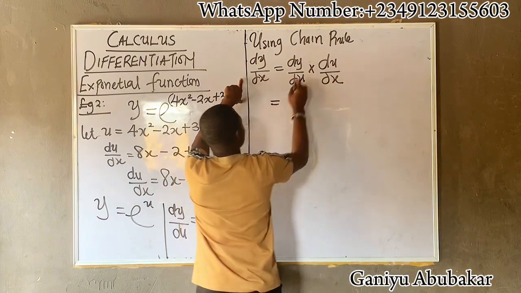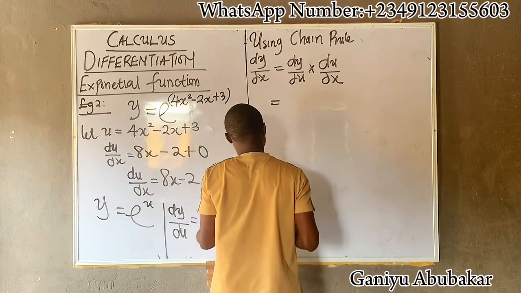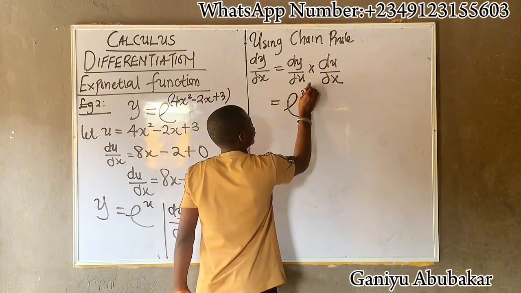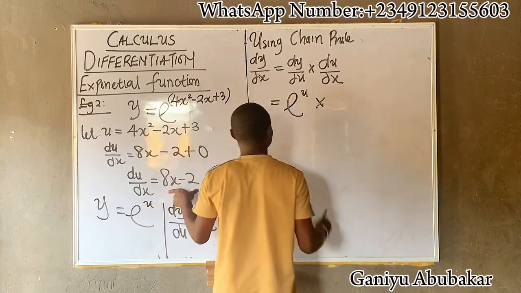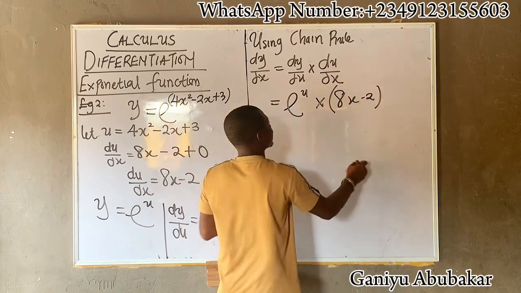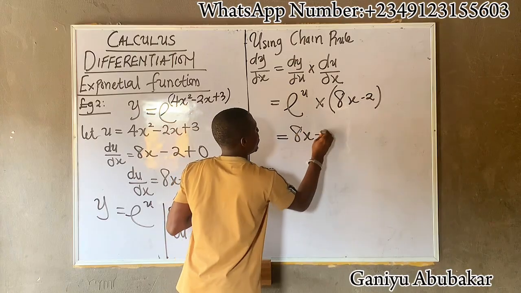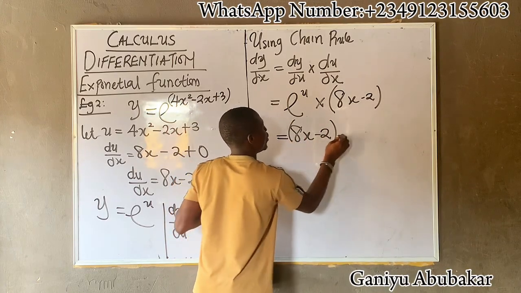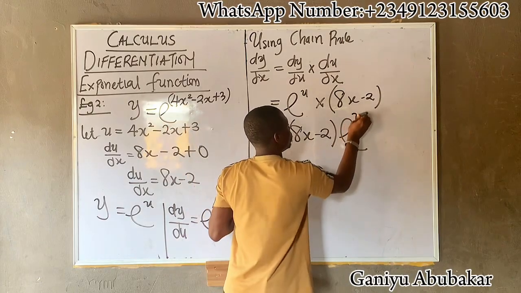This is equal to exponential u times 8x minus 2. Now I'll have 8x minus 2 multiplying with exponential u.